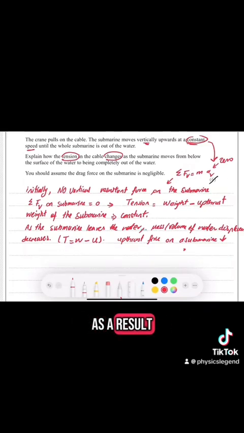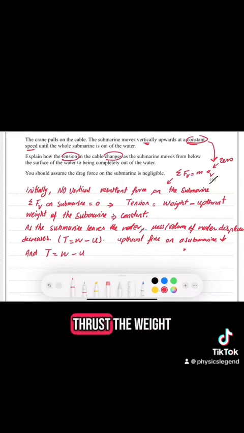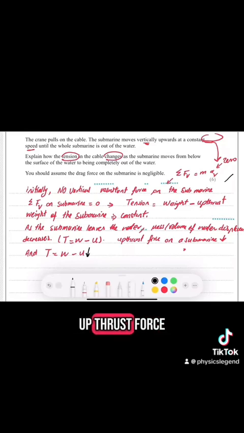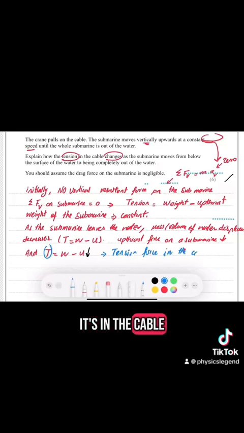As a result, the tension force here, which is weight minus upthrust, the weight of the displaced fluid or water is less. So W minus U as a sum of forces will be higher. So the tension force, the force in the cable, is going to be higher.